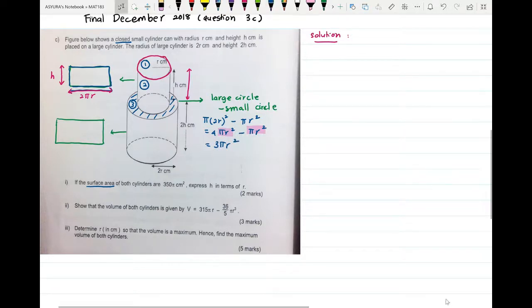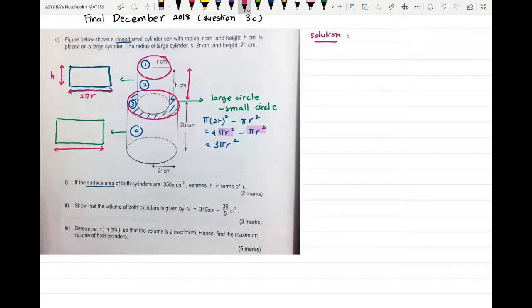Okay, next we have here number 4. The body of the large cylinder will be in the form of a rectangle. The length will be the perimeter of your large cylinder.